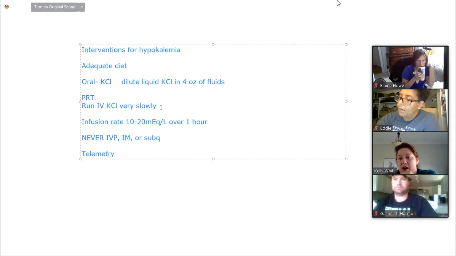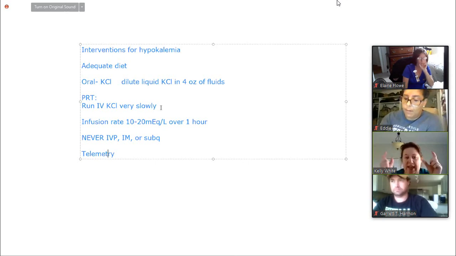Yes. There are, at least at Atrium, we have what's called the potassium replacement protocol, where it gives us clear guidelines, and it'll say if the potassium is 3.3 to 3.5, give 20 milliequivalents PO. If it is below 3.0, give 40 milliequivalents IV piggyback.